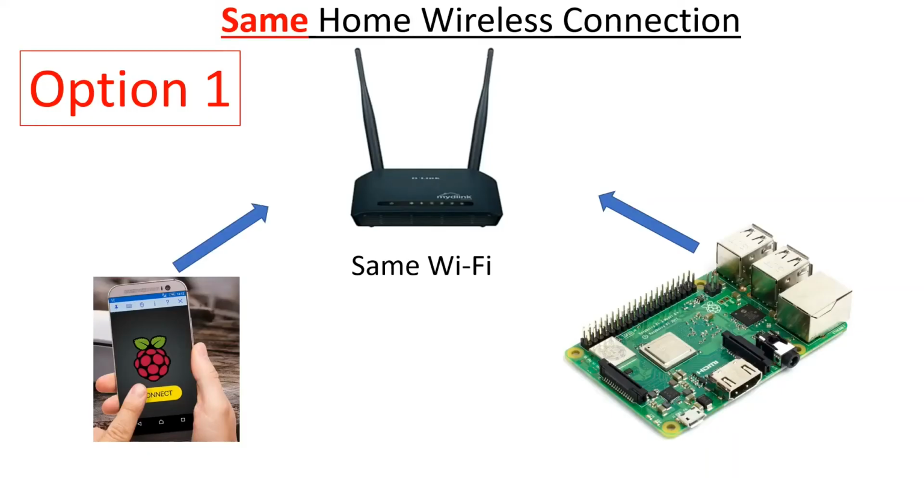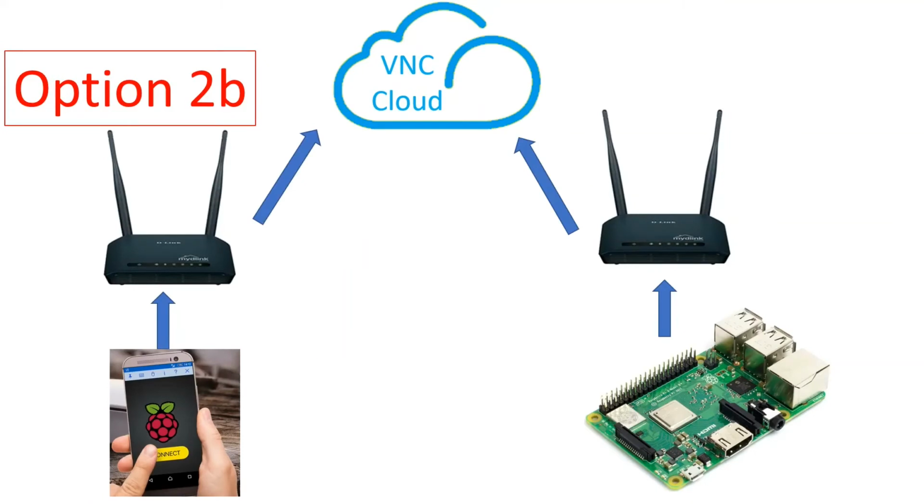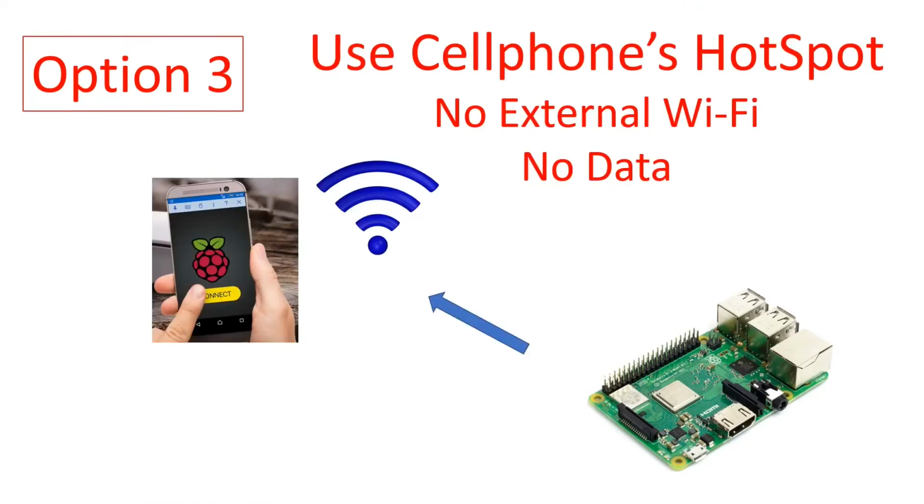I have now accomplished option 1 or option 2, depending on the networks you're working around and the task you have at hand. In the next few minutes, I'm going to set up my Raspberry Pi and my phone to accomplish option number 3 without using data or external Wi-Fi.